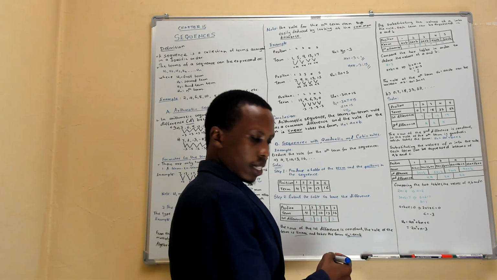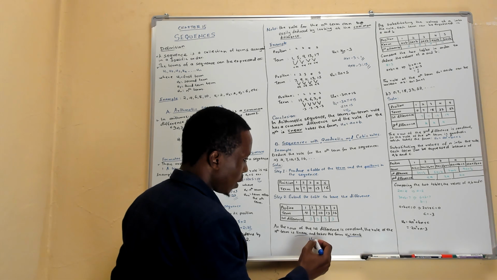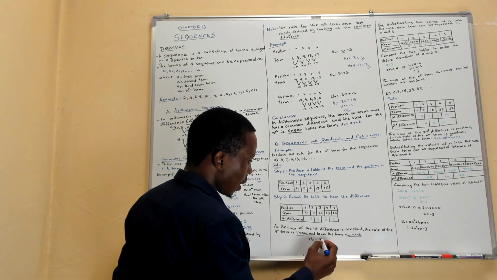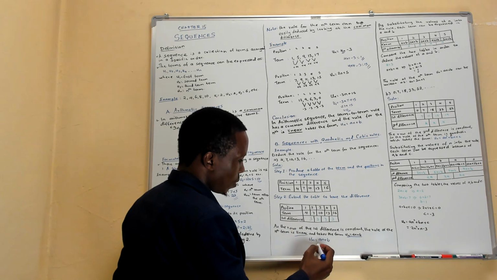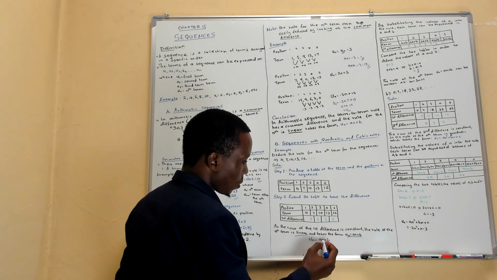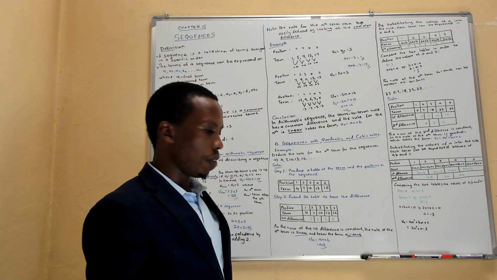Because I have the law of the nth term as an plus b, and I want to get 4, and 4 is in the first position, so n is 1. So I have a plus b. So a plus b represents 4.